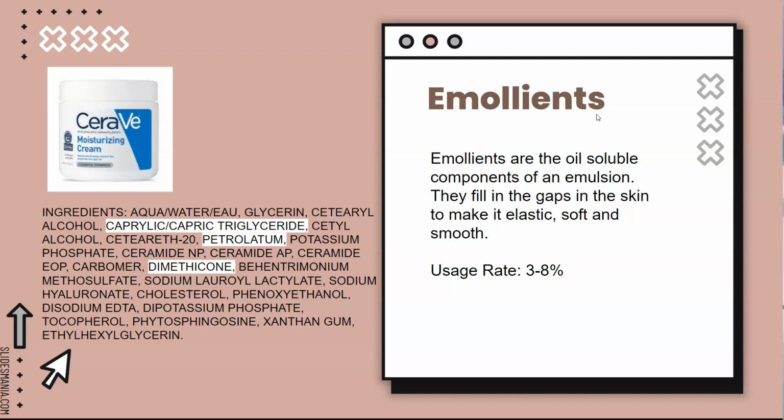Here I have a sample emulsion, and I've highlighted the emollients that they've used in this particular product. It's a CeraVe moisturizing cream, and the main emollients are caprylic triglyceride, petrolatum, and dimethicone.